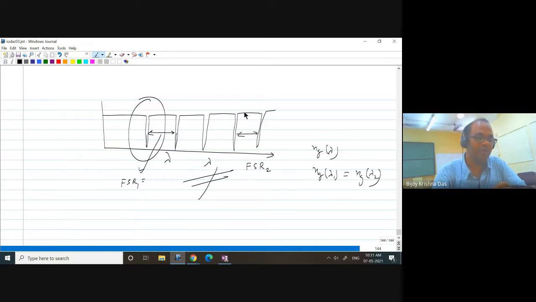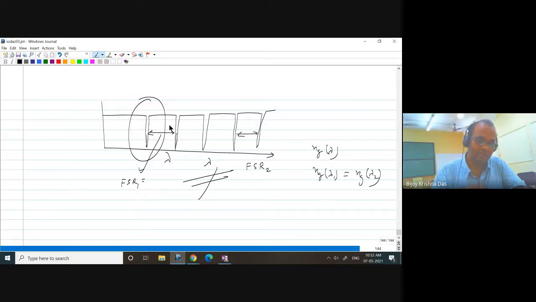But sometimes if you are using the micro ring resonator as an integrated photonic component, you may need to use different wavelengths for different purposes. In that case, you have to see what their separation is. Okay, any question till this point?